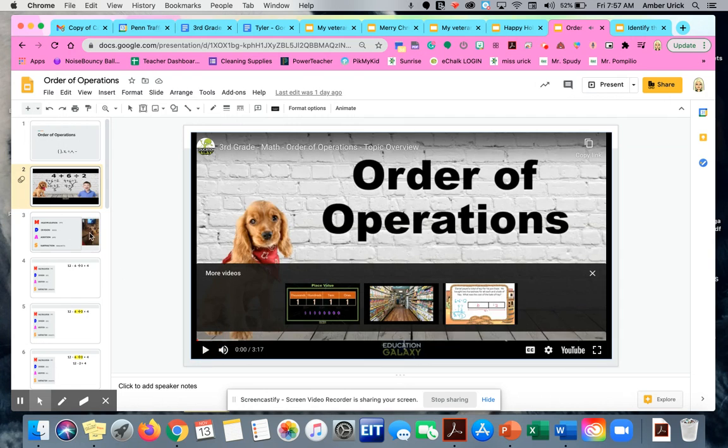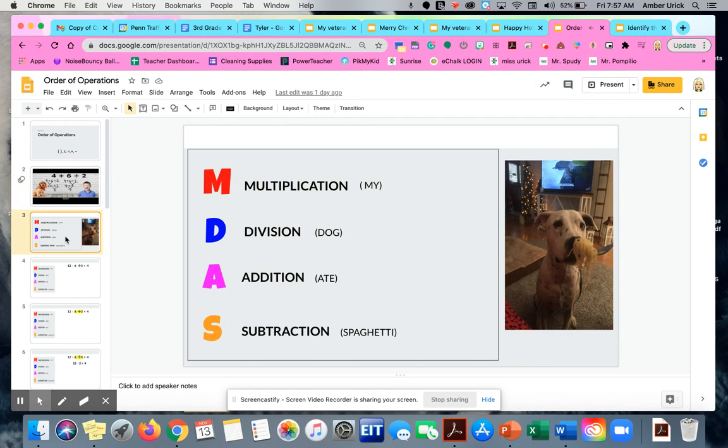Okay, so on my next slide, I took that dog's little idea here, multiplication, division, addition, and subtraction, or my dog ate spaghetti. And I stuck a little picture of my dog, Winston, that I just happen to have eating spaghetti over here to make a little poster for you.